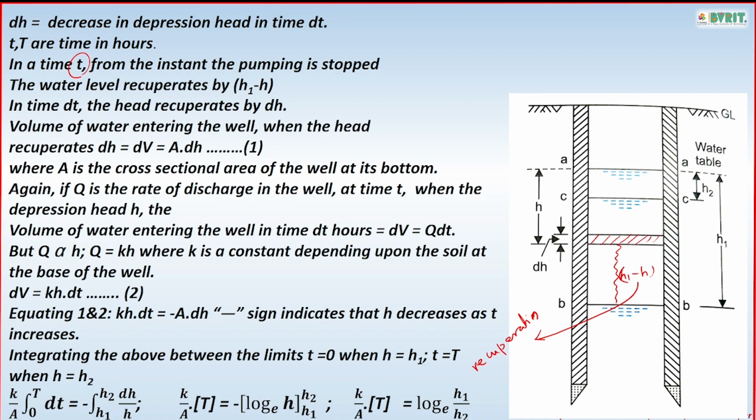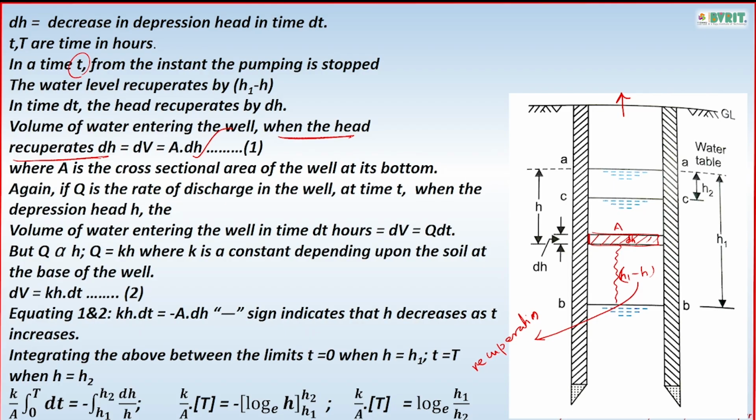What is the volume of water entering the well when the head recuperates by dH? Area multiplied by height. So it is rectangular, like A into dH. This is what I have put. Right? First thing.